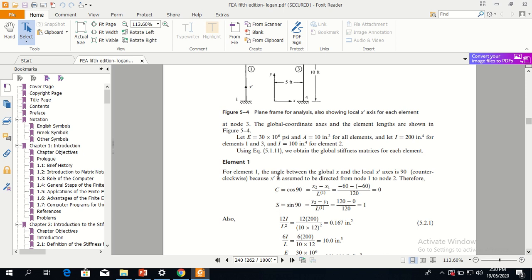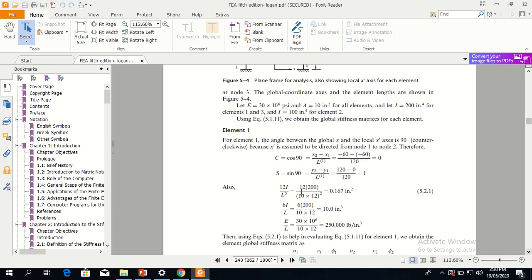For element 1 the angle is 90 degrees. So these are the terms that are given in equation 5.1.11. These terms will be used in the expression 5.1.11 that you have already noted in the previous video.